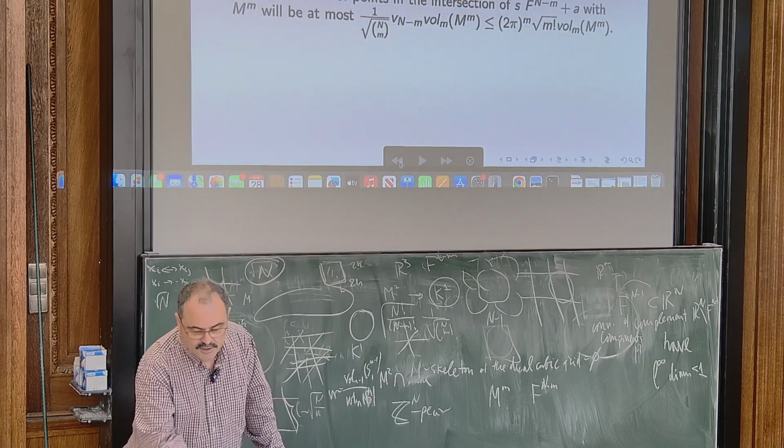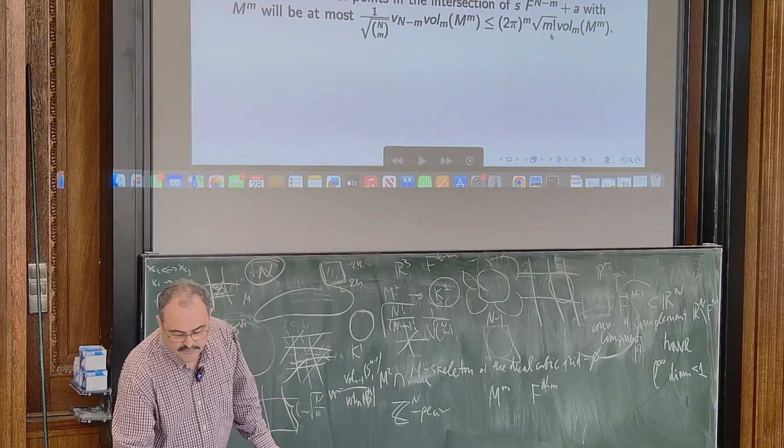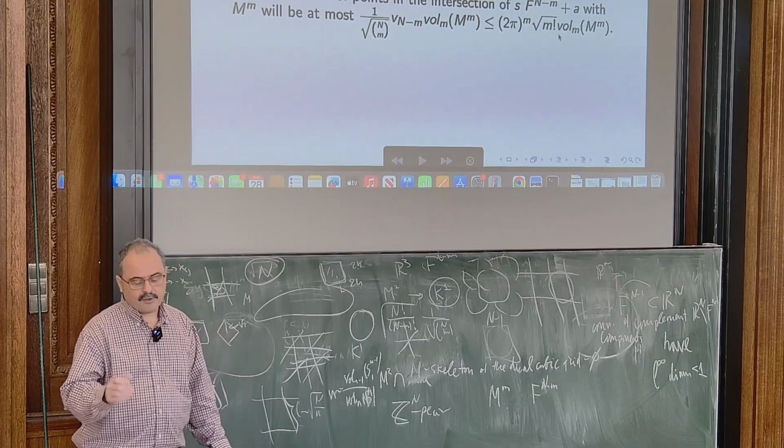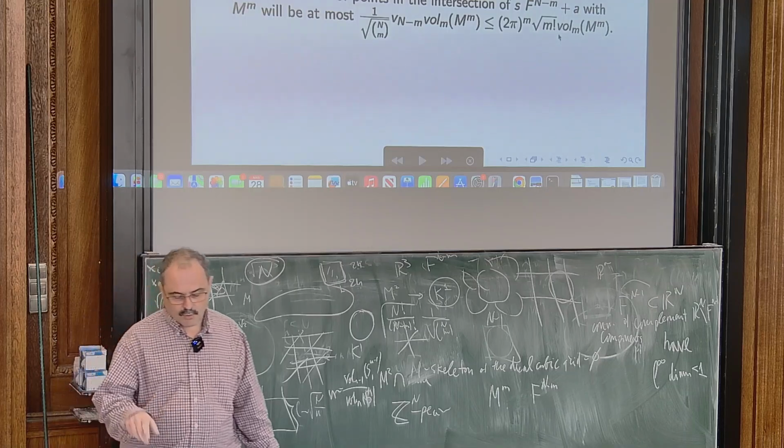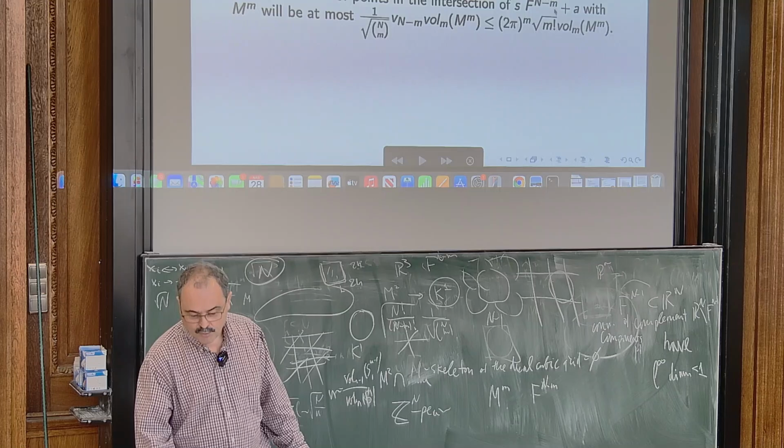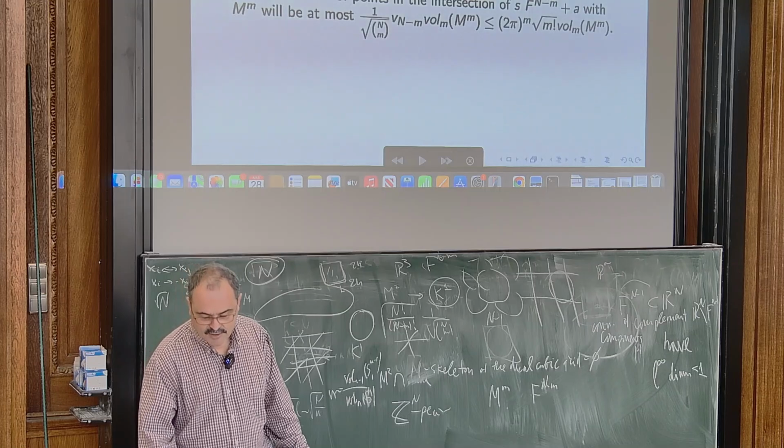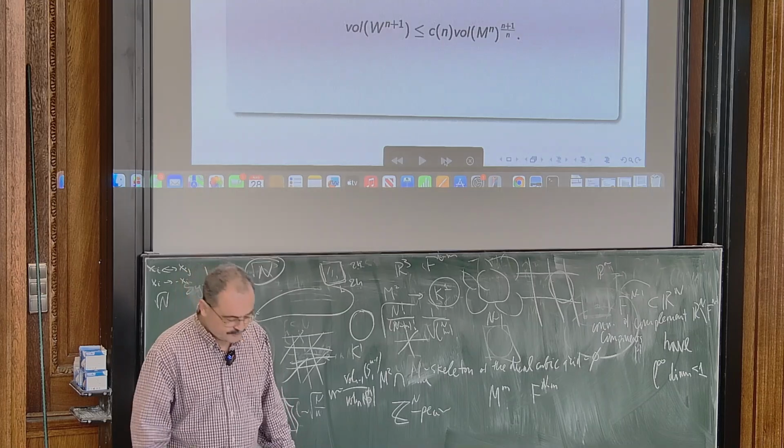We are supposed then to take the power 1 over m, and we are going to get square root of m as advertised. So that's the sketch of proof.